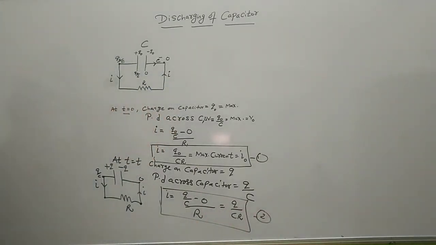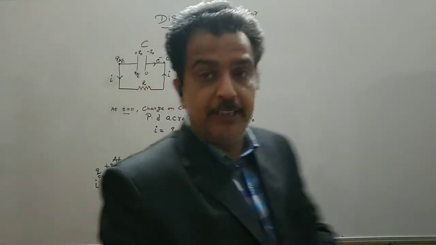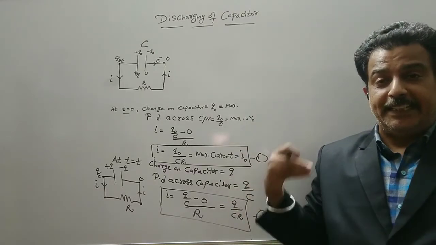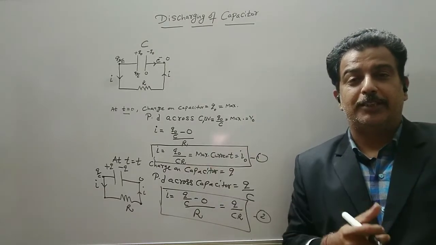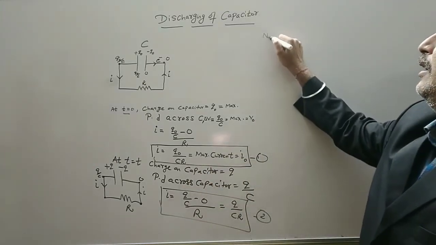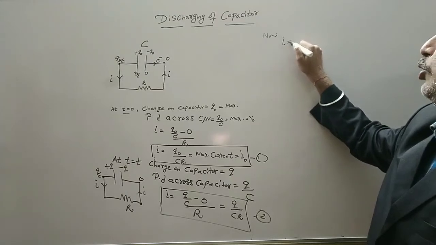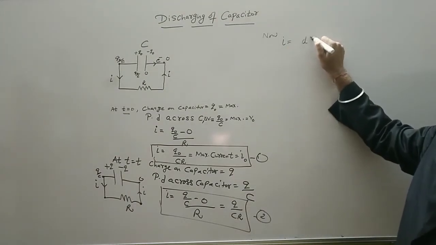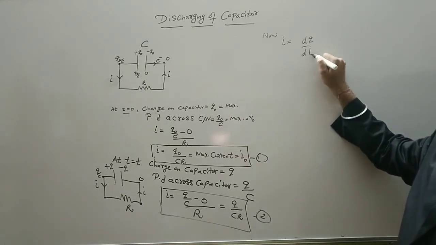This is the situation. Now we have to find out what is the charge on a capacitor at any instant. We have to introduce the time factor also. So this I is equal to, as we did in the charging of capacitor, dq by dt.